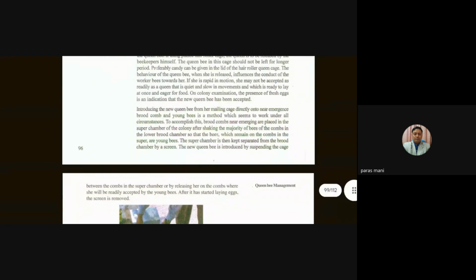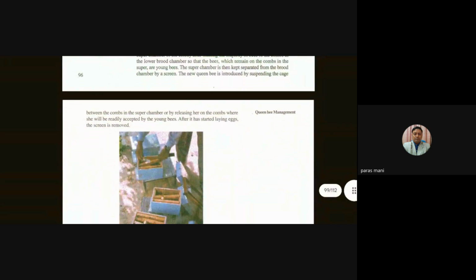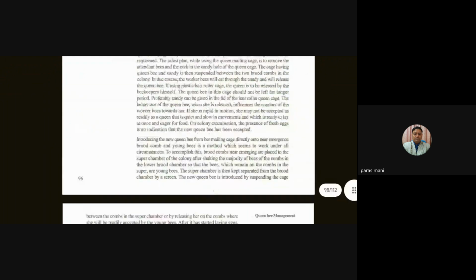After dequeening, we can't directly put the new queen into that colony, as the pheromone of the earlier queen bee will be present, and the new queen may not be readily accepted by the workers. They may think it is a foreign individual. So we will use different methods.